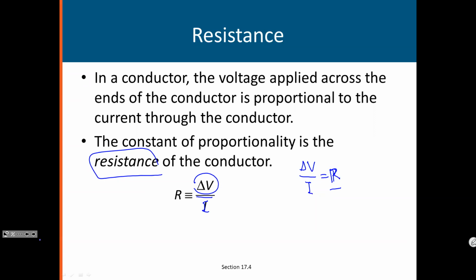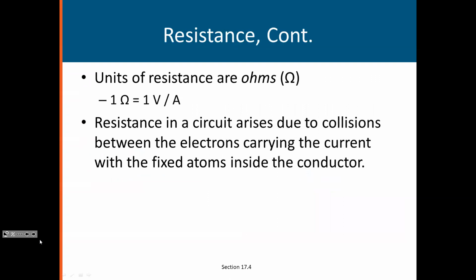And what about the unit for this? Voltage is in volt and current is in ampere, so the unit will be volt per ampere. However, as usually happens, we don't want to call it volt per ampere. We have one symbol for it. We call it ohm, after the person who discovered this.